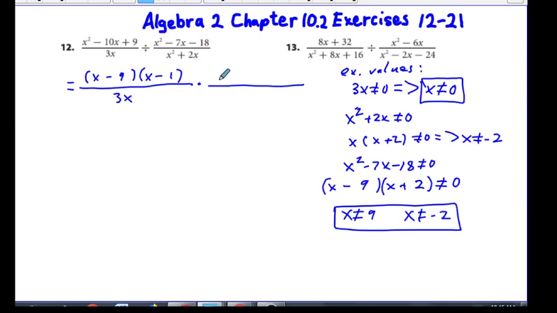Okay, I hope you caught me at that. There we go. x minus 9, x plus 2. So now we'll be able to cancel stuff, I think. Here's the x minus 9, cancel the x minus 9, x plus 2 cancels x plus 2, and we have x and x.